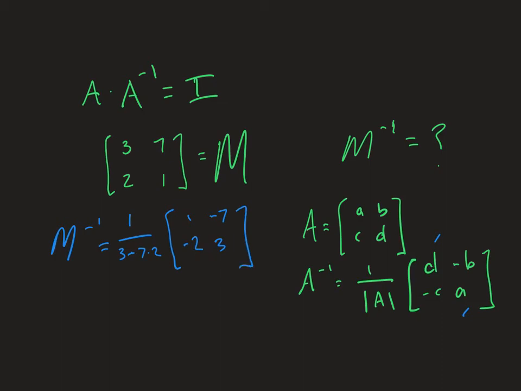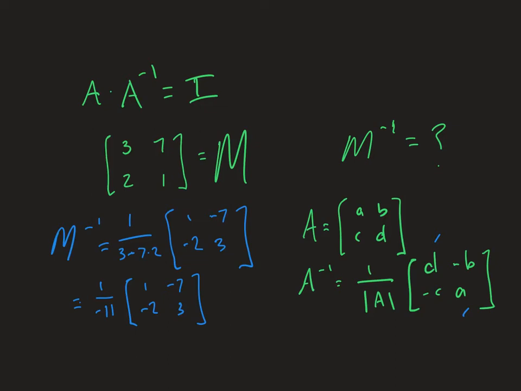Now you're wondering, what do we do with this fraction outside? We have 1 over 3 minus 14, which is minus 11, times this matrix 1, minus 7, minus 2, 3. We could leave it out there, but that doesn't really show us exactly what our inverse is.